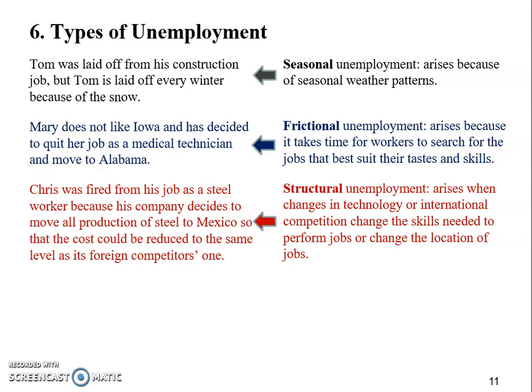Again, let's look at the title here, structural. What kind of structure are we referring to? Here, we're not talking about the structure of the company. Instead, we are talking about the structure of our economy. We're saying that some people would be unemployed because our economic structure evolves.